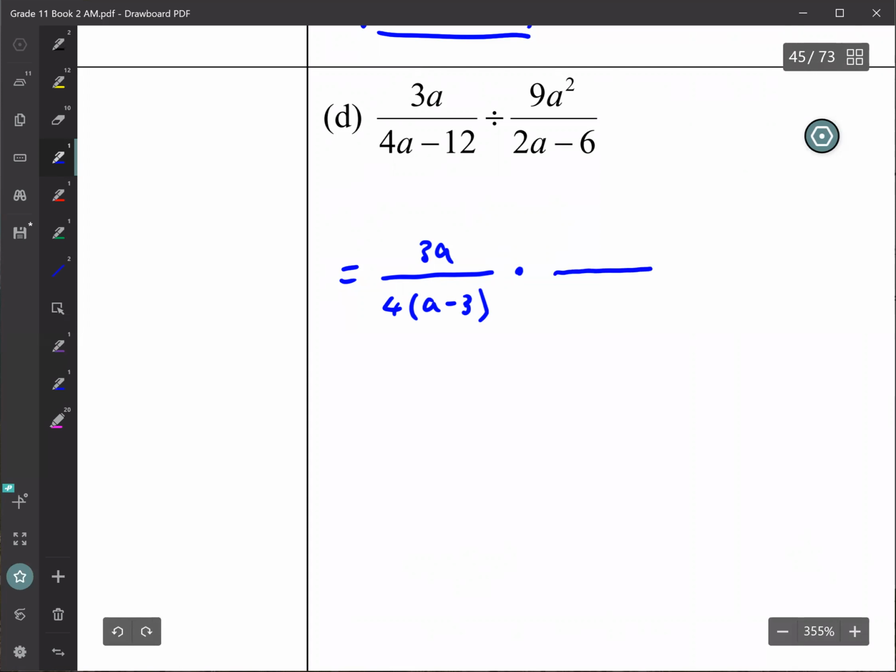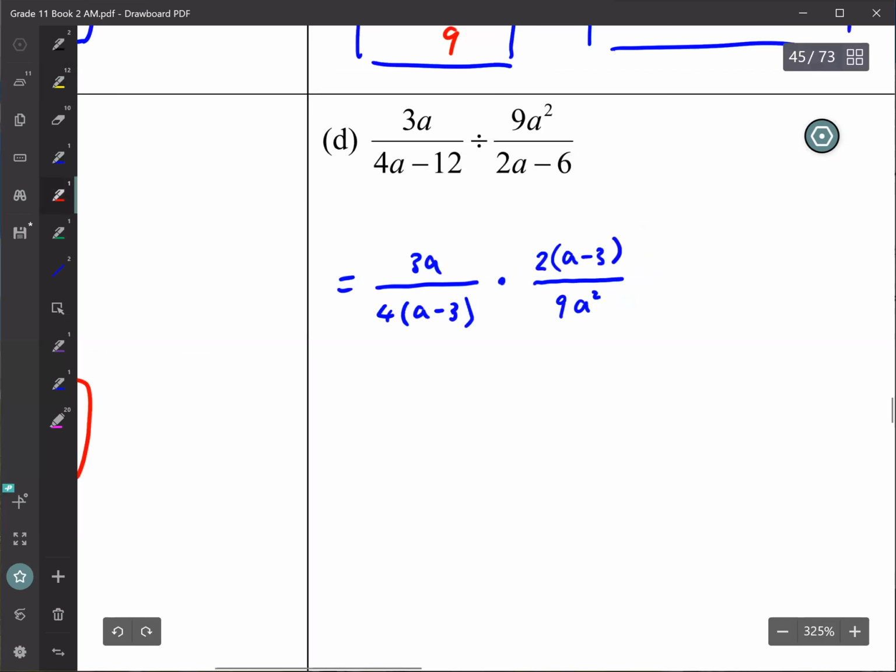So 9a will go down, it's already factored for that. For the numerator, it will be the GCF of 2, a minus 3. Okay, Nathan, do you have the same so far? Yeah, I have the same.